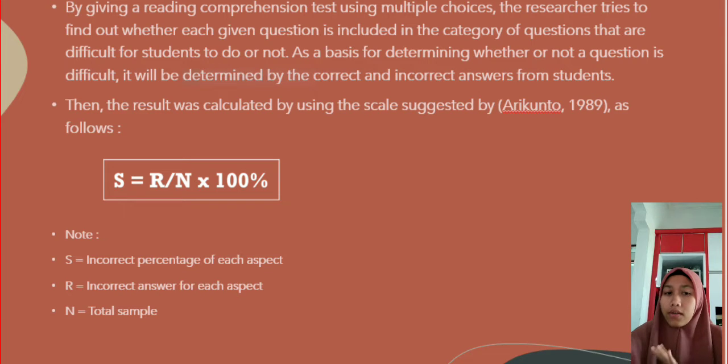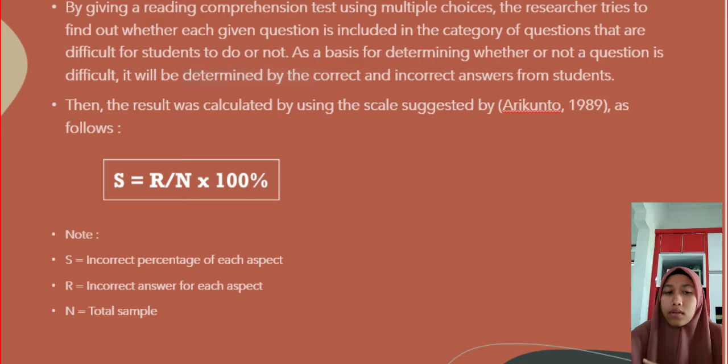By giving a reading comprehension test using multiple choice, the researcher tried to find out whether each given question is included in the category of questions that are difficult for students to do or not. As a basis for determining whether or not a question is difficult, it will be determined by the correct and incorrect answers from students.